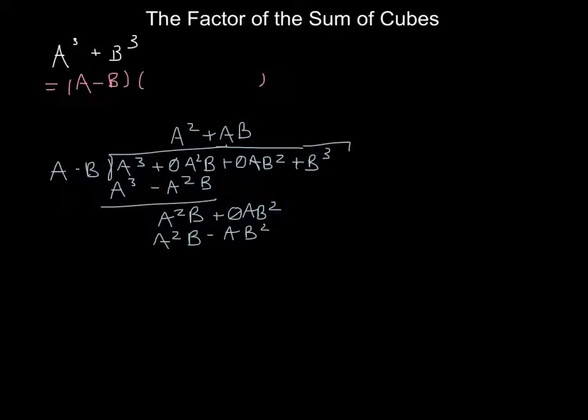And of course, I've just realized I've made a mistake here, because this should have been a plus b, because I said when a is equal to negative b it works. My bad. So this should have been positive, which makes this negative, which means this needed to be negative, and that will make this one positive. Okay. And that means this is minus ab squared, and I'm bringing down the plus b cubed.